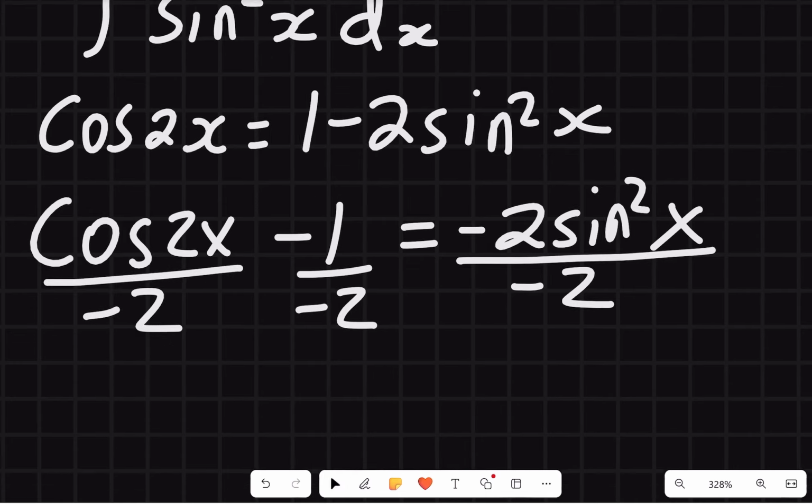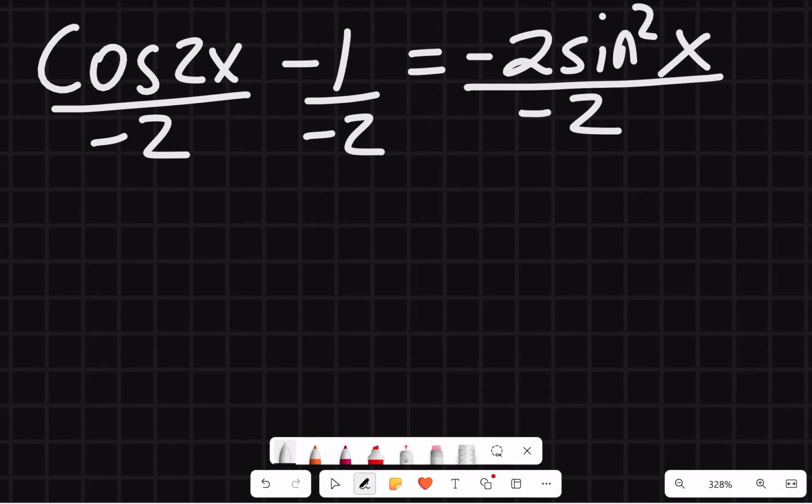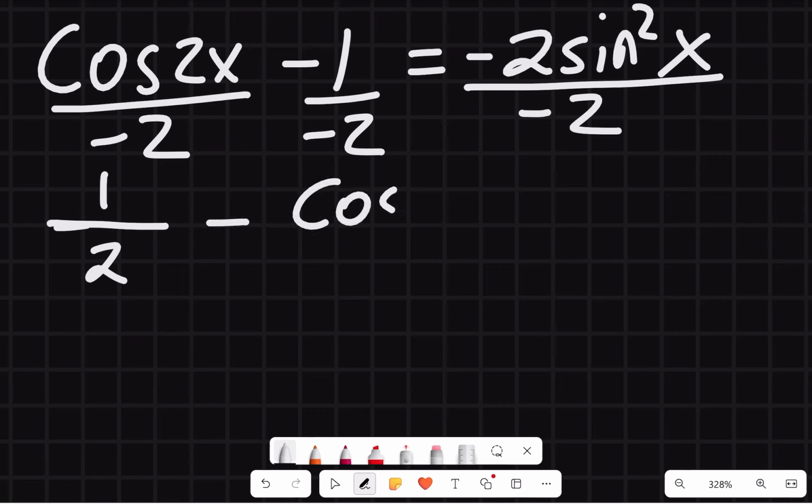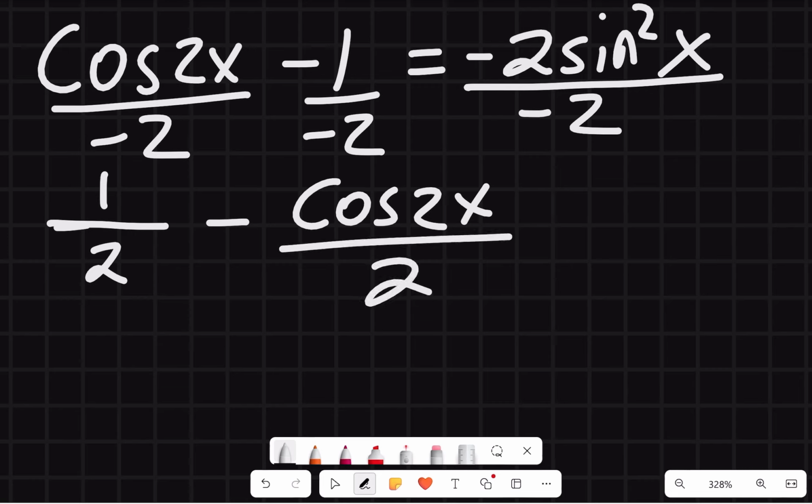All right, then let's see what that gives us. I'm going to bring this guy in front because it's positive. So I have positive 1 over 2 minus cos 2x over 2. All right, because remember this will be a negative, it will come here in front, right? Perfect. And this is equals to sine squared x.